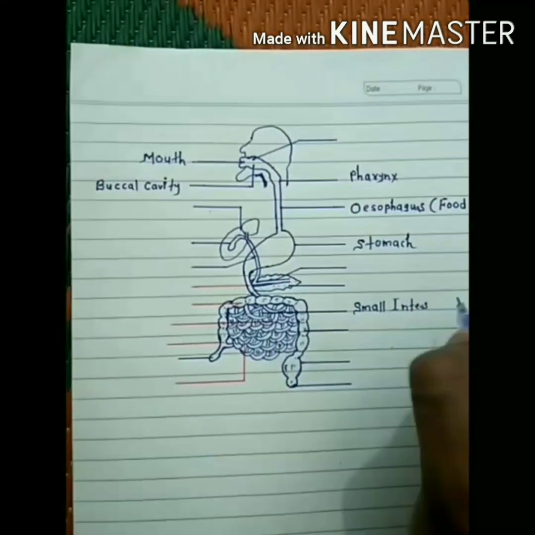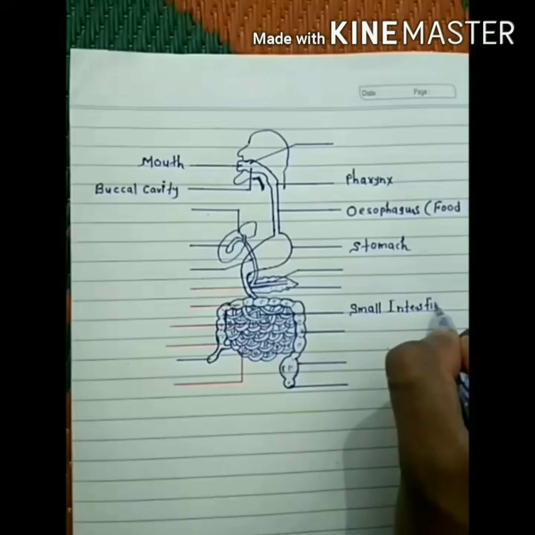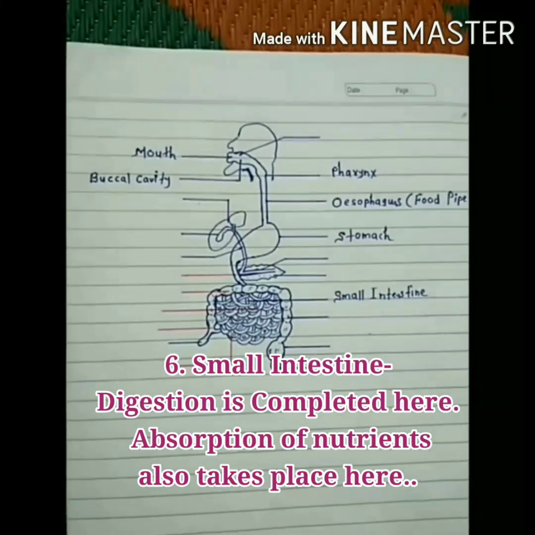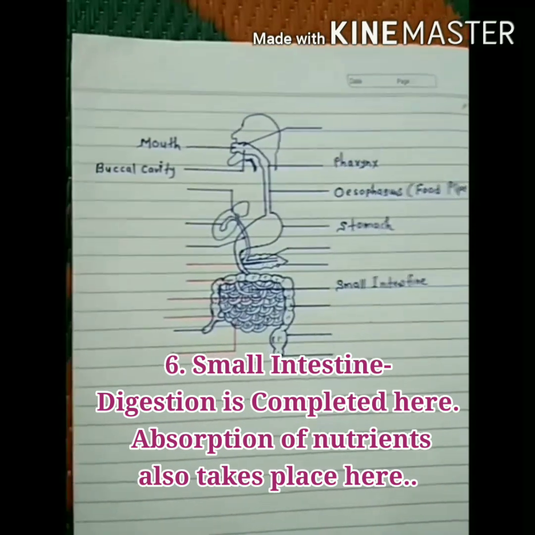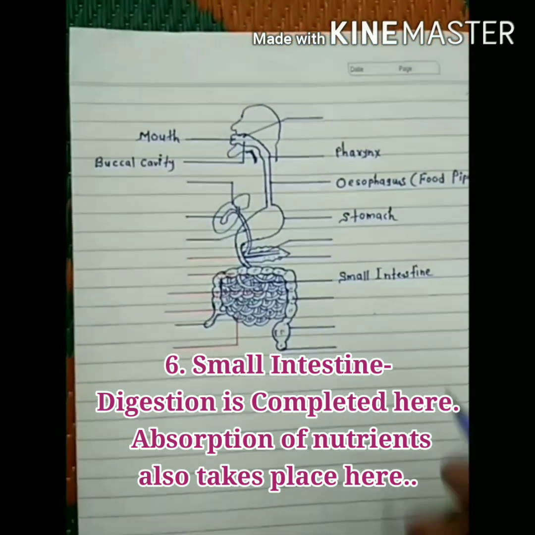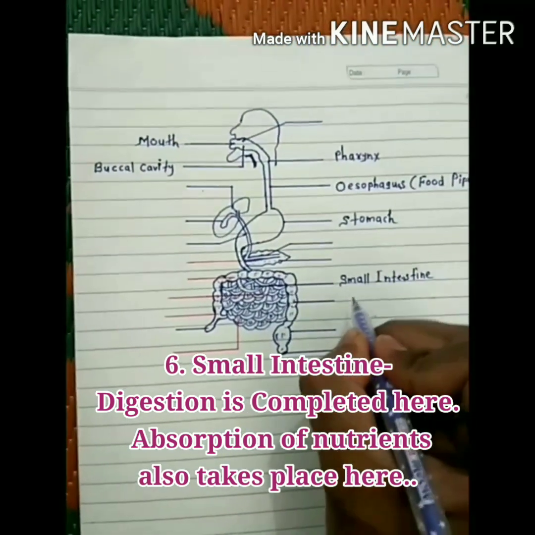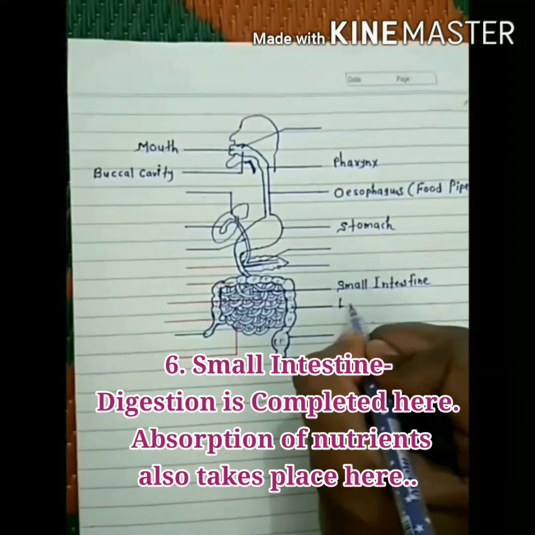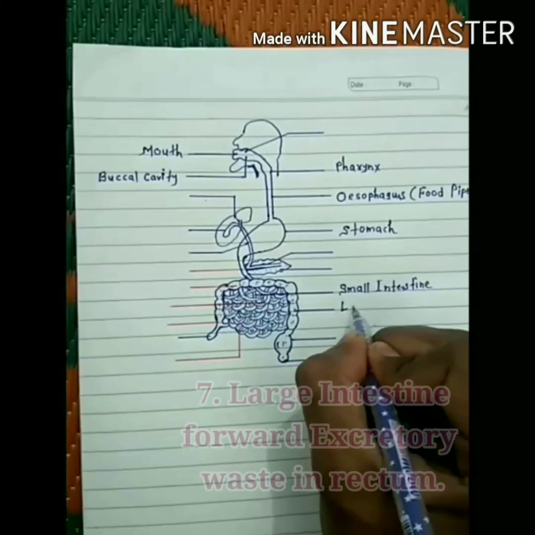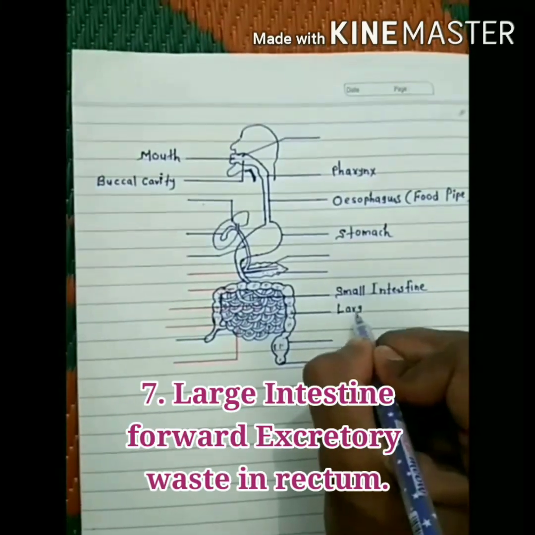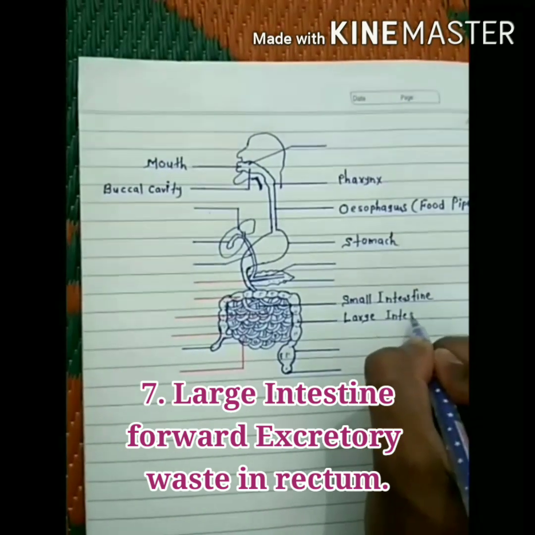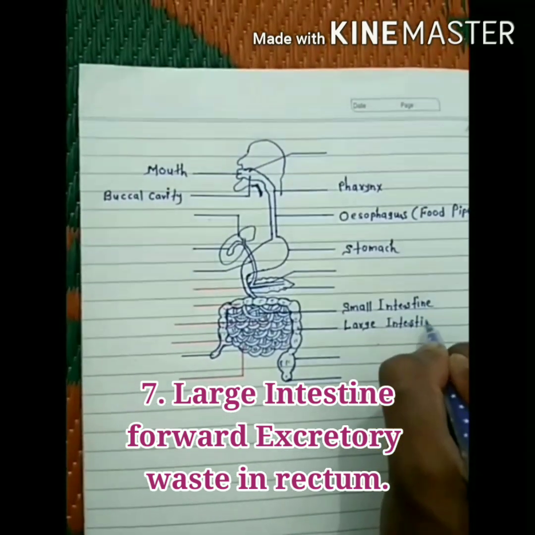So the next part of human digestive system is small intestine. In the small intestine, the digestion of food gets completed. That means here the food is completely digested, and from the small intestine the undigested food passes into the large intestine. और ये बड़ा amazing है.